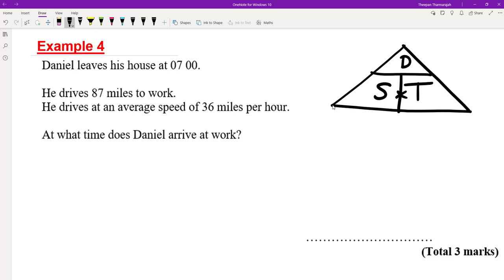He drives 87 miles to work. He drives at an average speed of 36 miles per hour. At what time does Daniel arrive to work? So they've given me the distance, they give me the speed. So I can say time is distance divided by the speed. So I can say 87 divided by 36.